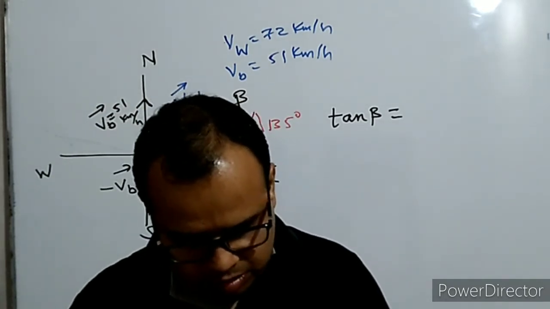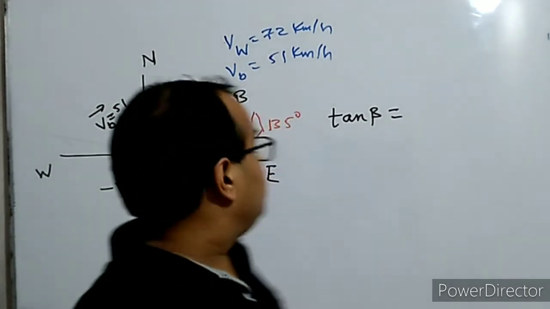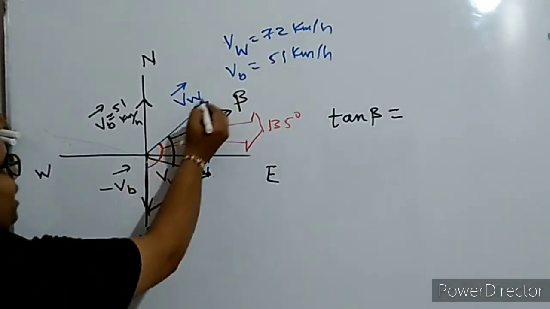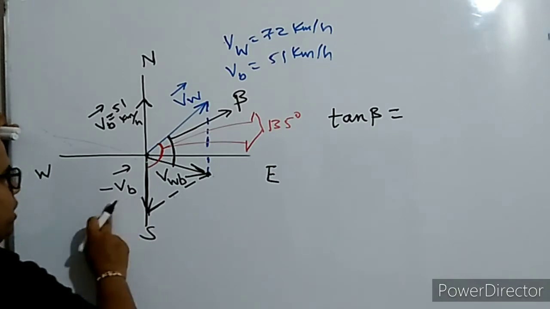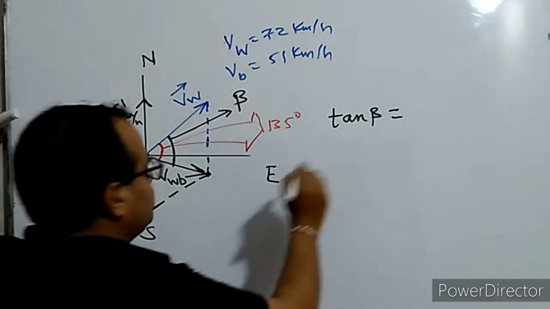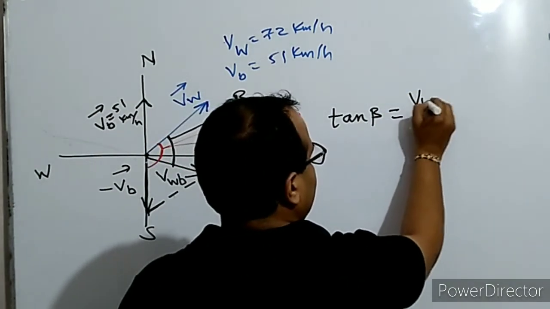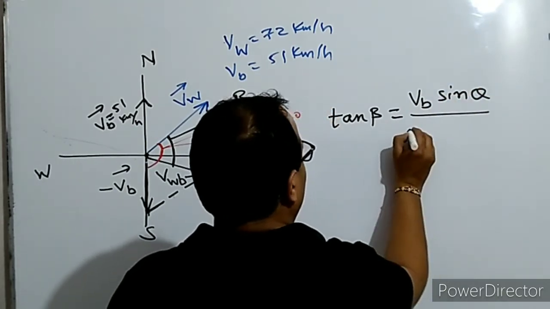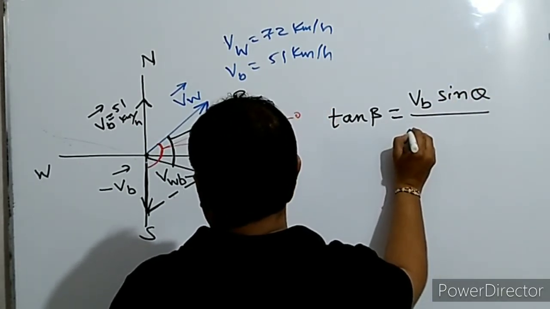Now B sin theta means, see, this is making an angle with A. So B would be the velocity of the boat, so it is VB sin theta upon A plus B cos theta.